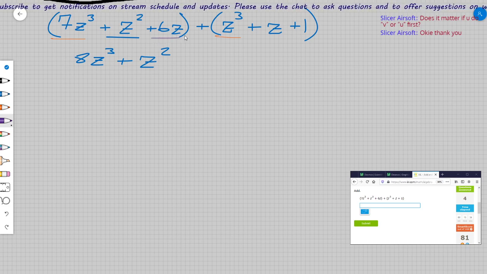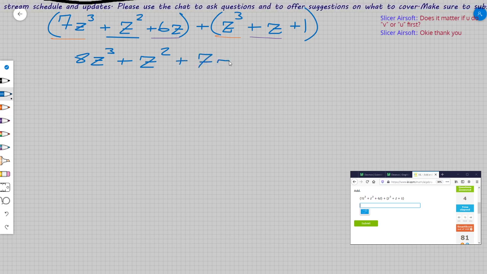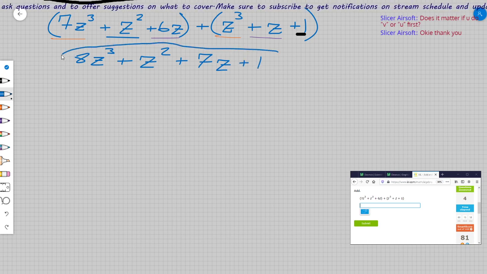Then we got 6z plus z. So then that's going to be plus 7z. And then our last one, this would be just plus 1. Plus 1, so this would be our final answer.